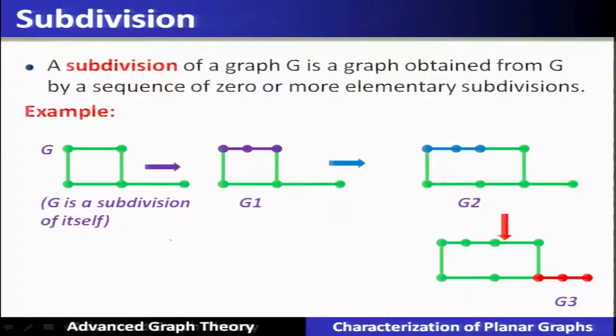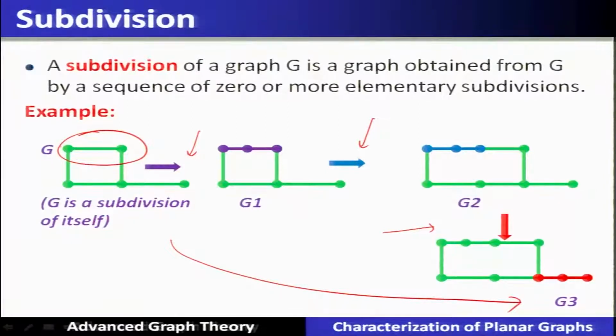Let us take a graph G and obtain a subdivision of G, that is G3, by applying more than one such elementary subdivision to this particular graph G. If we apply the subdivision on this particular edge, we introduce a vertex, and this edge is replaced by 2 different edges. Let us say that this is edge E. We are replacing it by 2 edges E1 and E2 using the elementary subdivision.